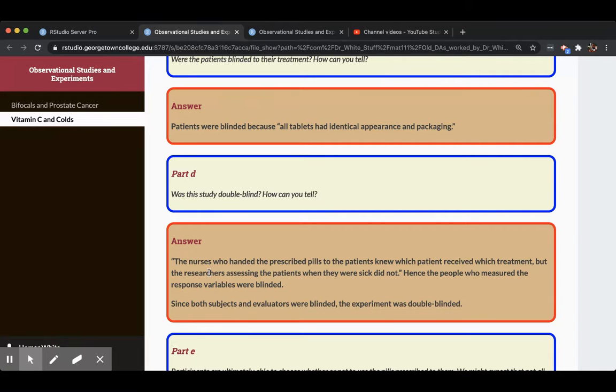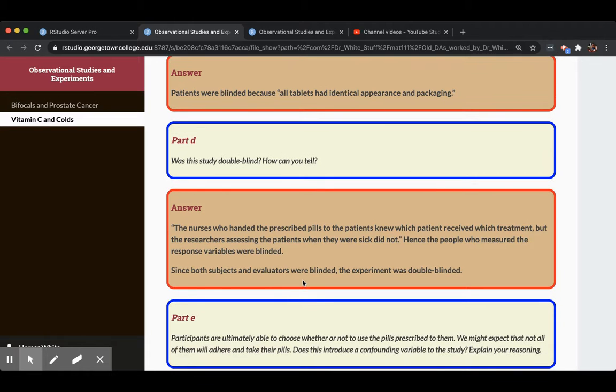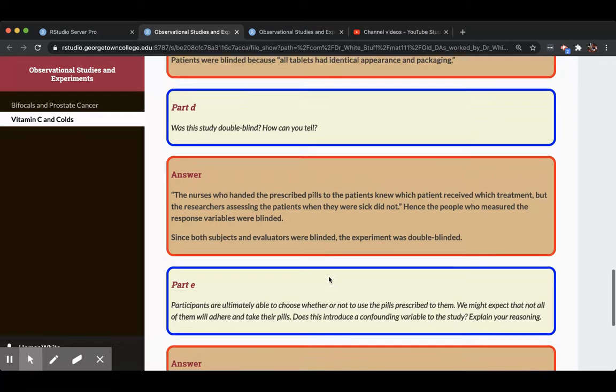The nurses who handed the prescribed pills to the patients knew which patient received which treatment, but the researchers assessing the patients when they were sick did not. Okay, so now I can see that the people who measured the response variables, the duration and severity of the colds, were blinded. The nurses knew, but those weren't the people evaluating the response variables. So there we go. The experiment is double-blinded.